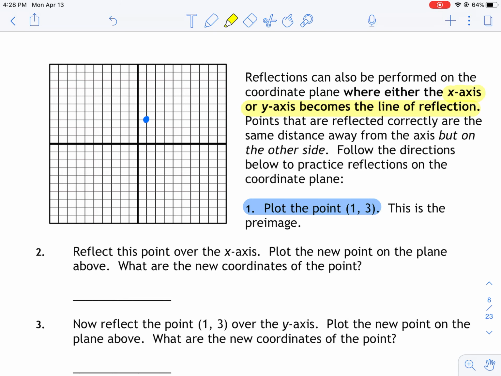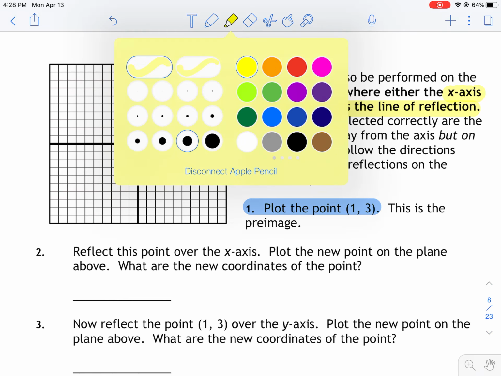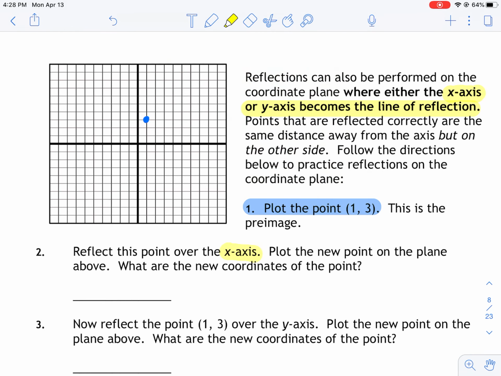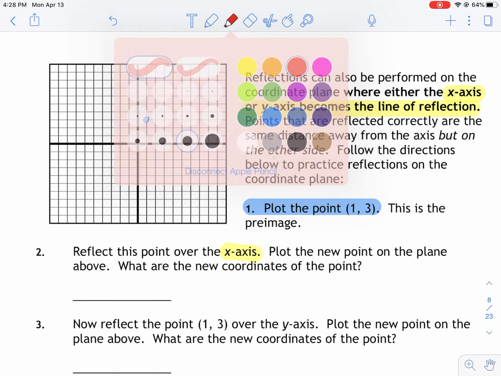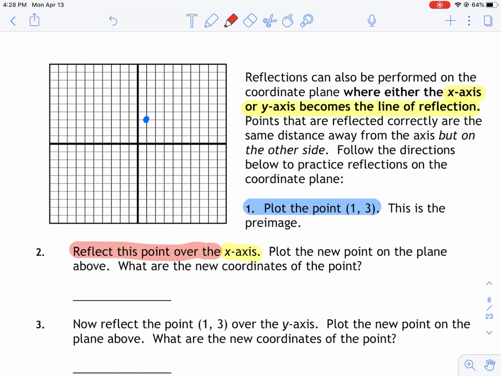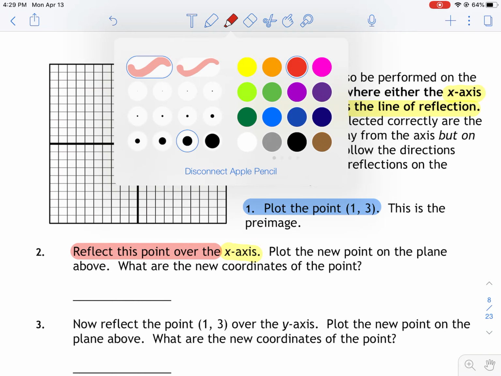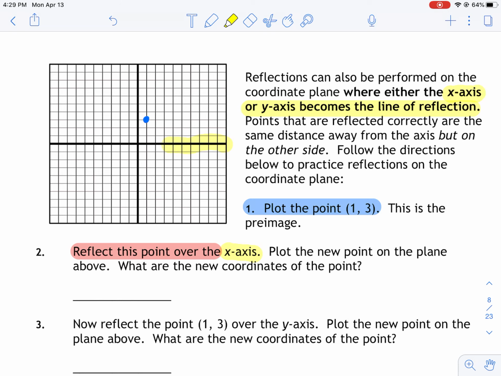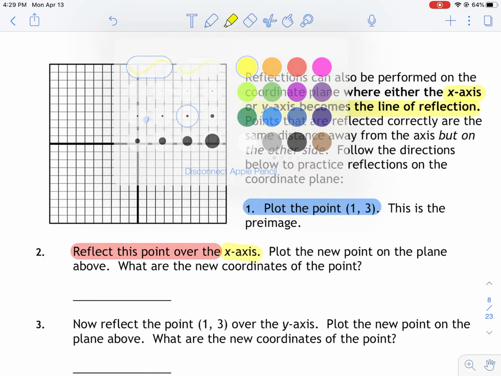So that's important to know. In part 2, we're going to reflect the point over the x-axis. So we are going to make the x-axis right here the line of reflection.